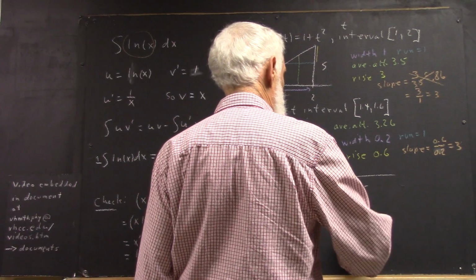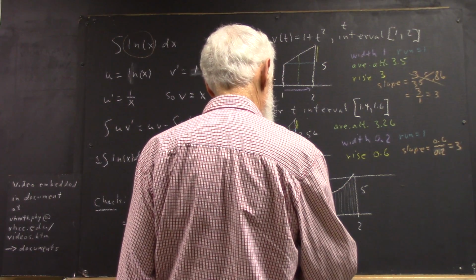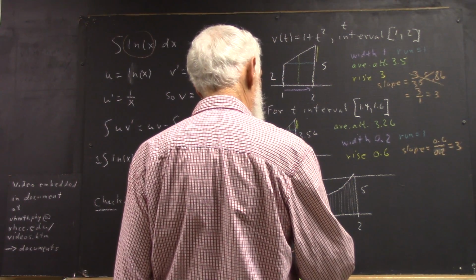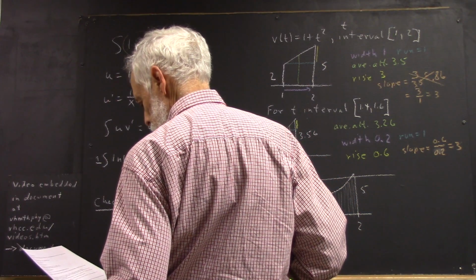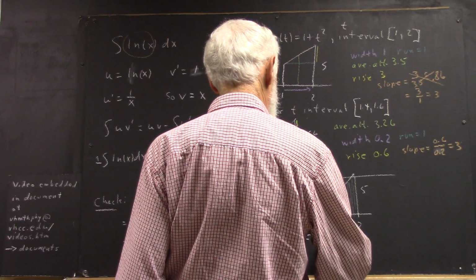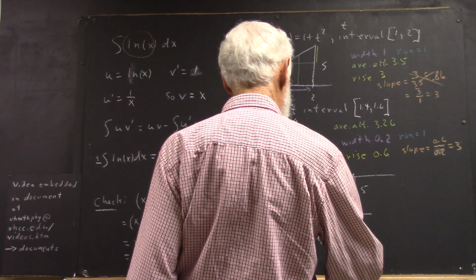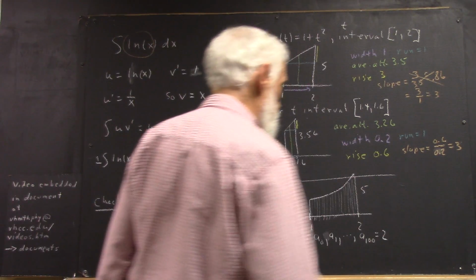Now in the problem I say, well, we divide this into a sub 0, which is 1, up to A100, where A100 is 2.